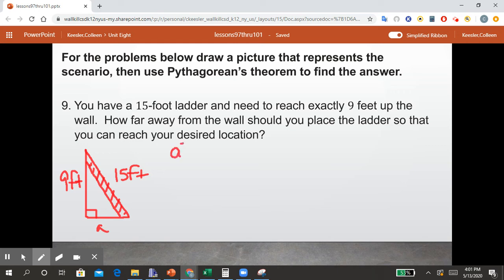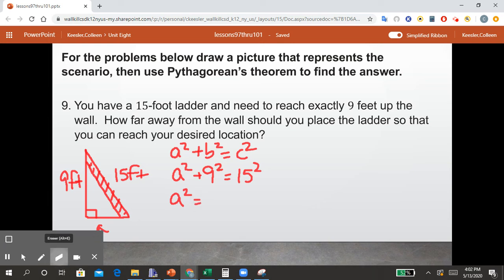So we have a squared plus b squared equals c squared. In this case, we have a squared plus 9 squared equals 15 squared. The a squared stays, and we know that 9 squared is 81, and we know that 15 squared is 225.